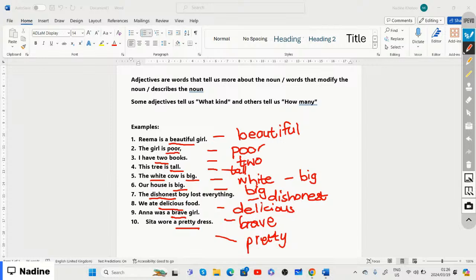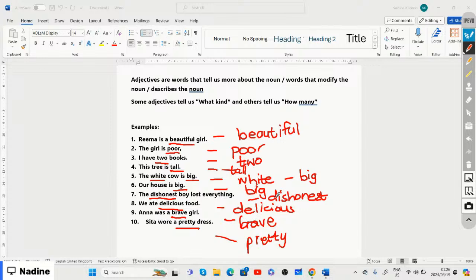All right. So basically, we said that these words that we have identified as adjectives either tell us what kind and the noun, or they tell us how many, and the noun. Some adjectives tell us what kind, and others tell us how many.